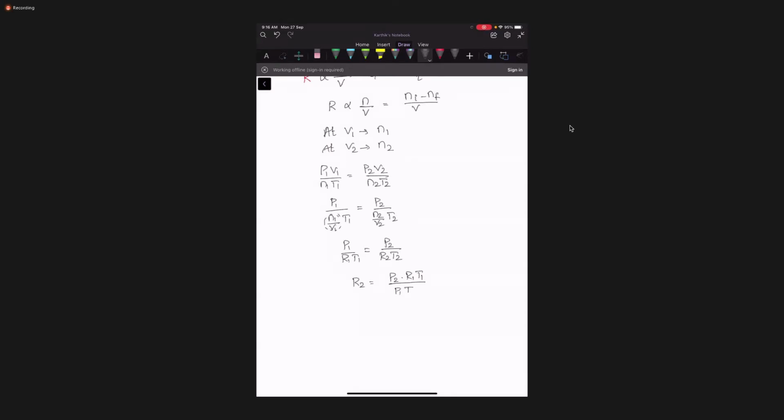P2 is 8 times P1, divided by 4, so 2 times R. I think they have given the answer as 4R.